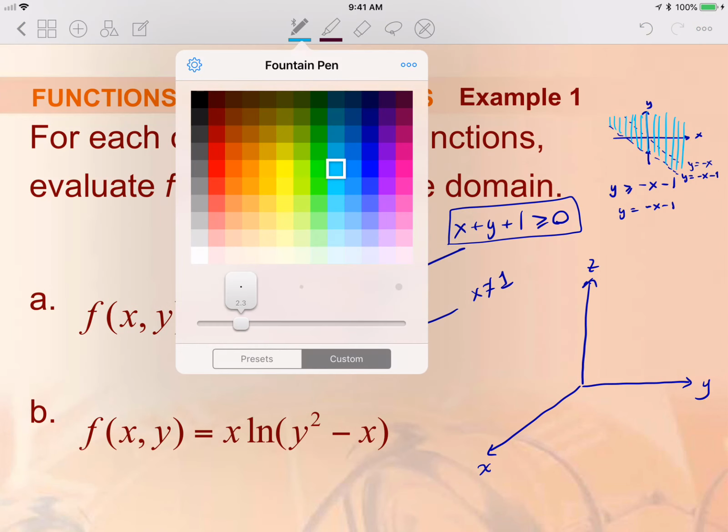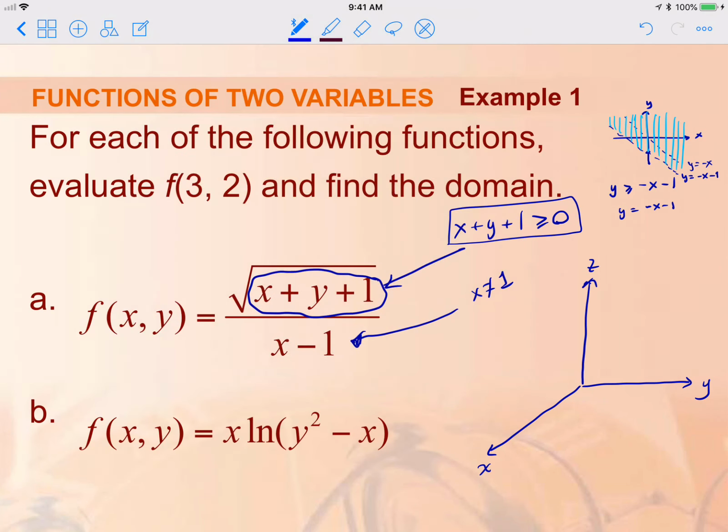Okay. Now, how do I translate that over here in 3 space? I'm still going to have my same line. So now, how do I plot this line y equals negative x minus 1? If this is x being positive and this is y being positive, if I draw this line right here, this would be y equals negative x, right?